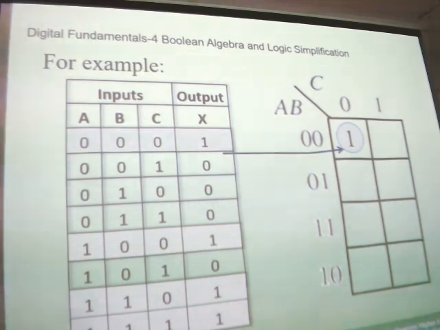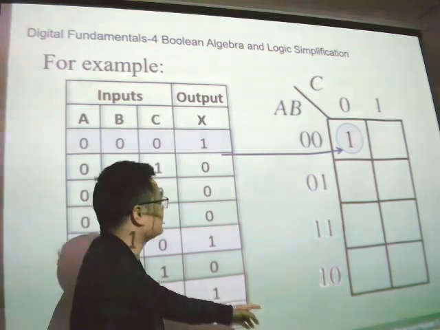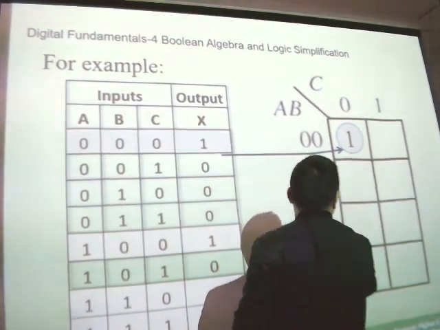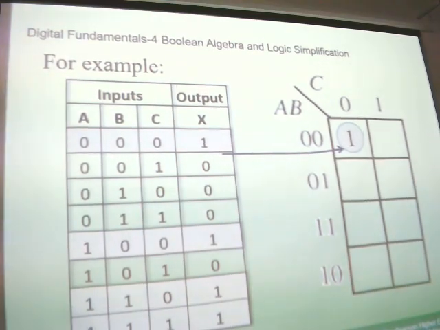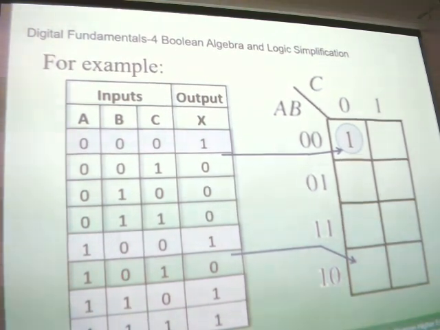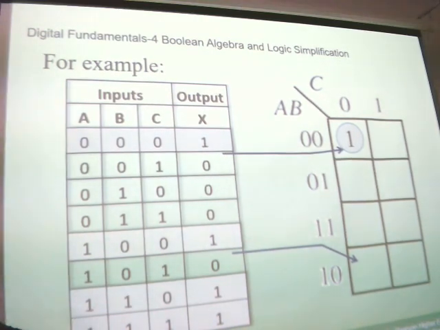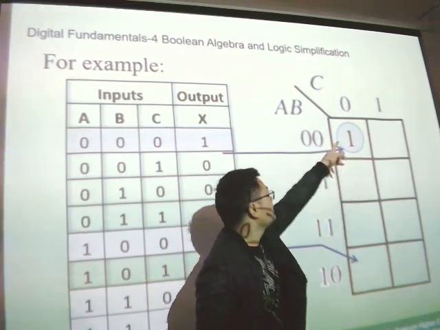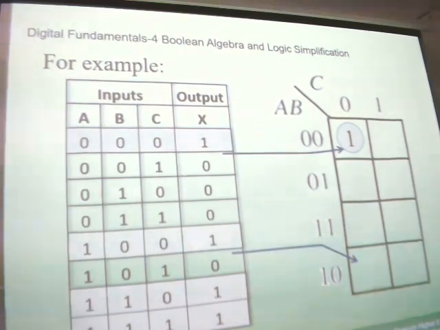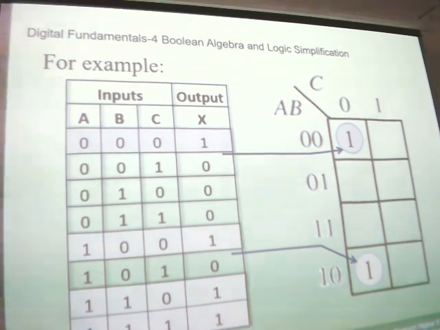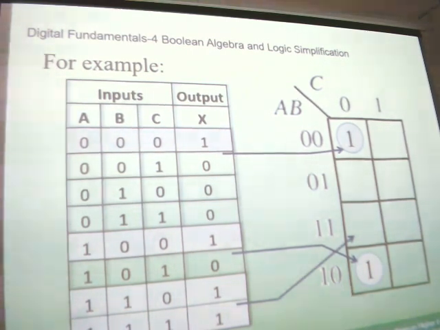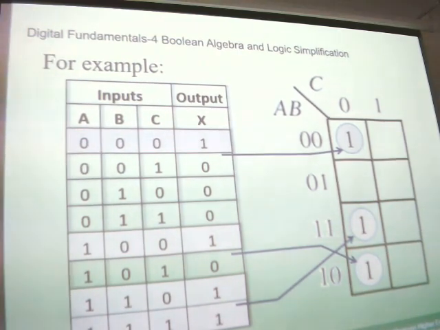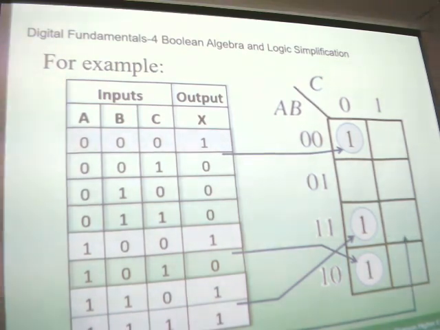So we must find the corresponding cell 1, 0, 0. This cell must be 1. And the third is 1, 1, 0. The corresponding cell equals 1. And the fourth is 1, 1, 1.